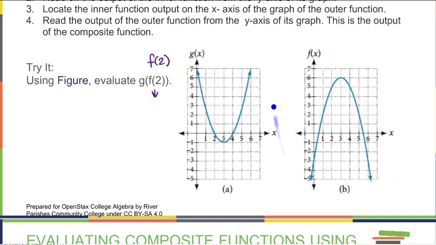So go over to f of x and find the function at 2. Go on the x-axis, go over to 2, and here's the point, 2, 5. So 5 is the function f at 2.